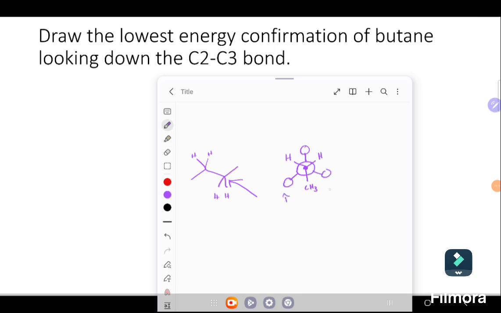These two positions put the methyl group really close to this methyl group. This position, called the anti position, puts it as far away as possible. That is the correct position for the lowest energy conformation of butane. So the methyl group should go there, and the two hydrogens should be here.